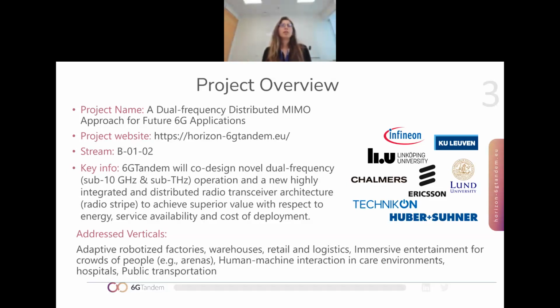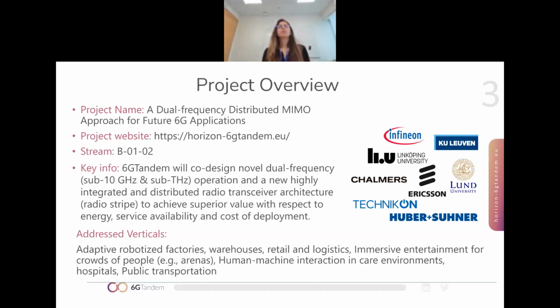What are the verticals? At this stage, we are really going through what are the use cases, what are the verticals, and we are trying to take information from Reindeer and Hexa-X, and soon we will draft the first use cases.